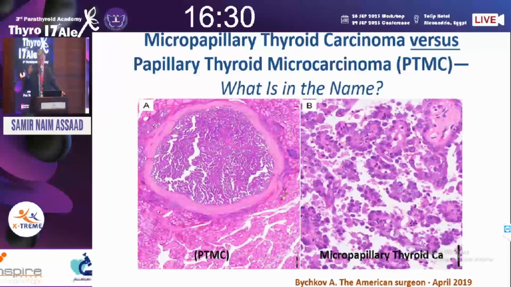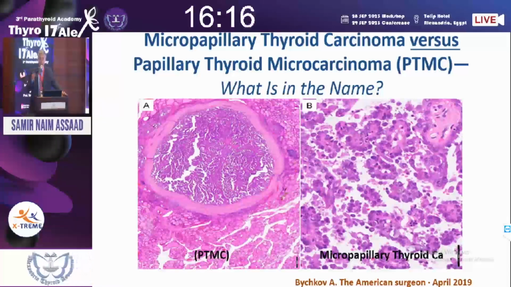I continue. I want to clear up certain nomenclature. There is a nomenclature called micropapillary thyroid carcinoma. It's different from papillary thyroid microcarcinoma. Micropapillary is a pathologic term in which the papillae, as you see, are not like ordinary.